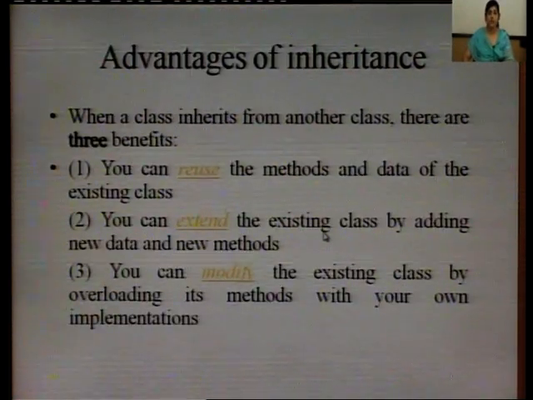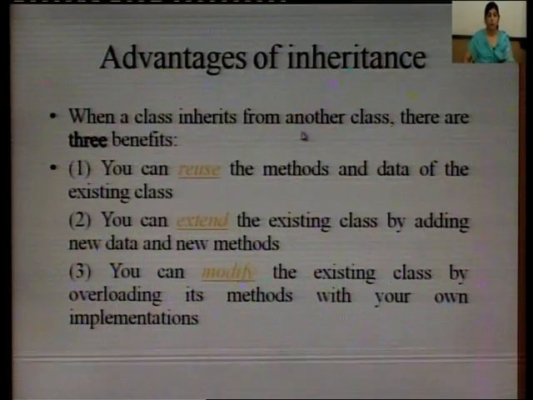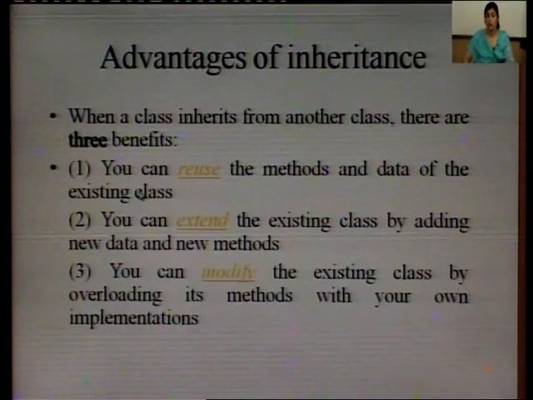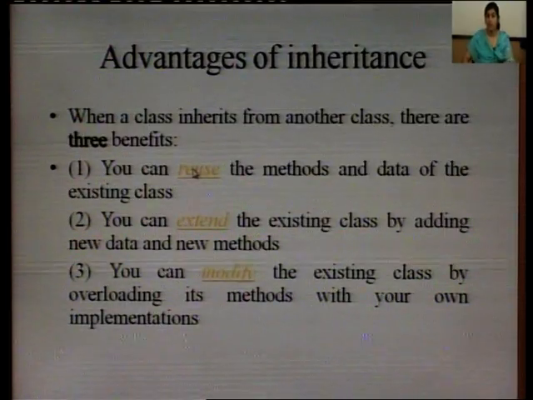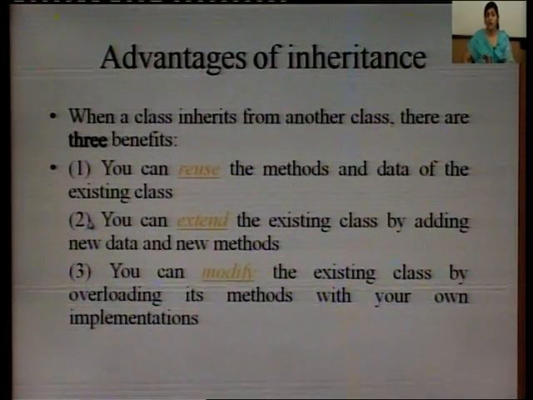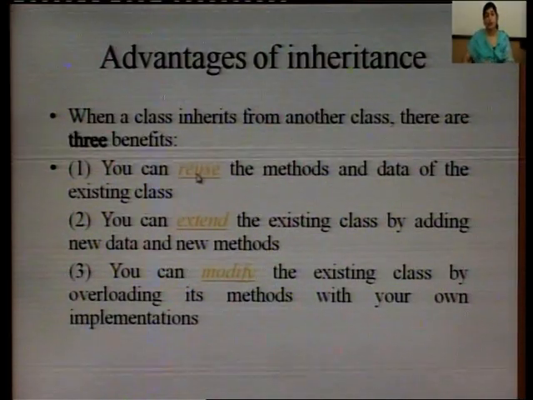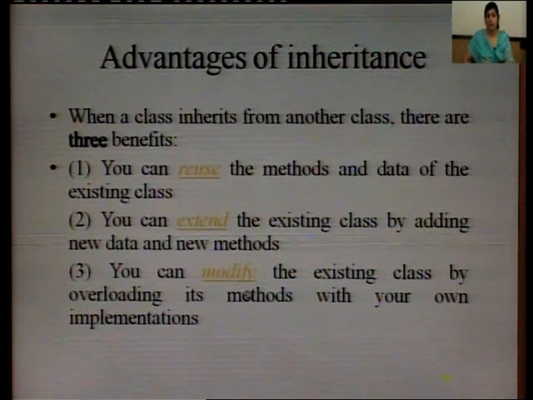Now, advantages of inheritance. When a class inherits from another class, there are basically three benefits. One is we can reuse the methods and data of the existing class. Reuse means we can reuse the data and the member functions, the methods that we have already declared in the existing class, in the new derived class with the help of inheritance.